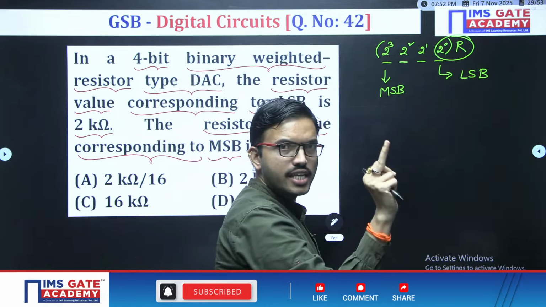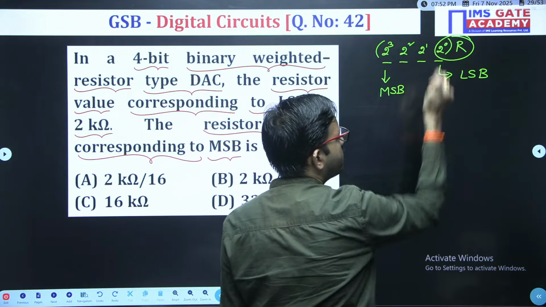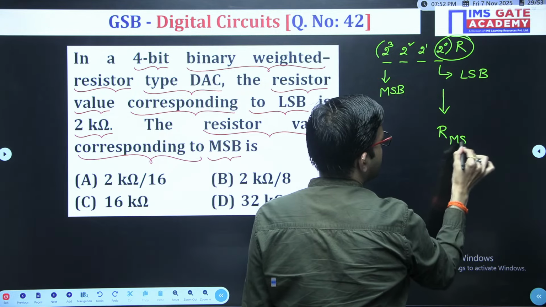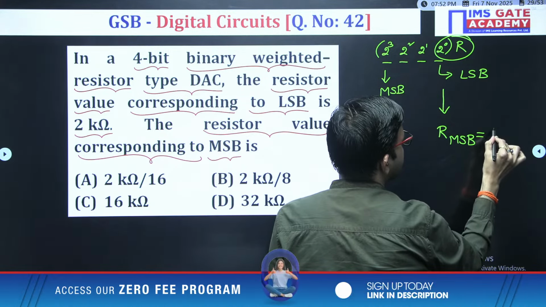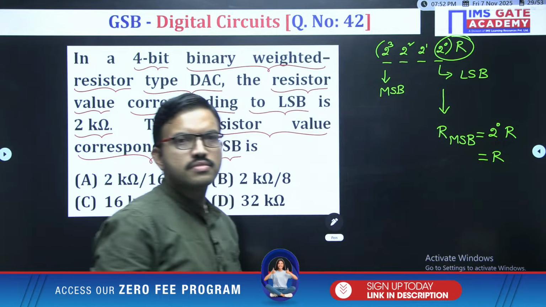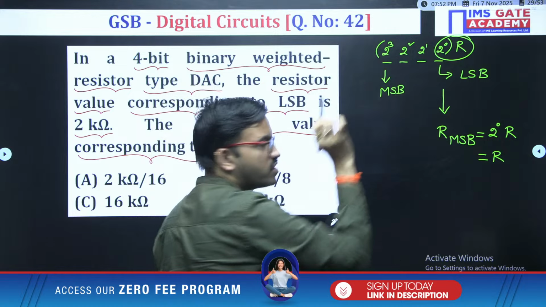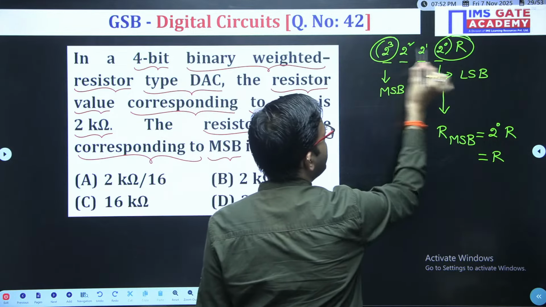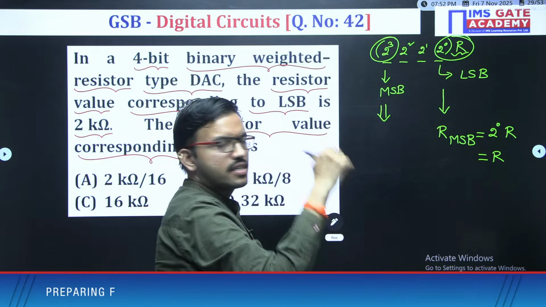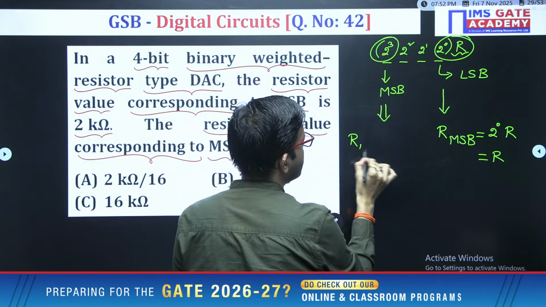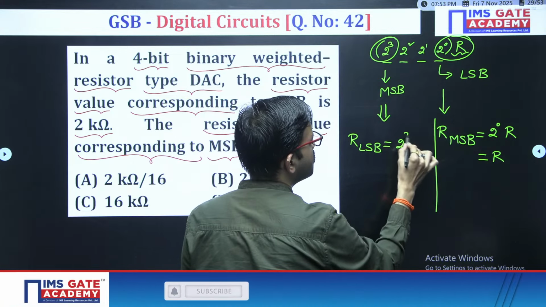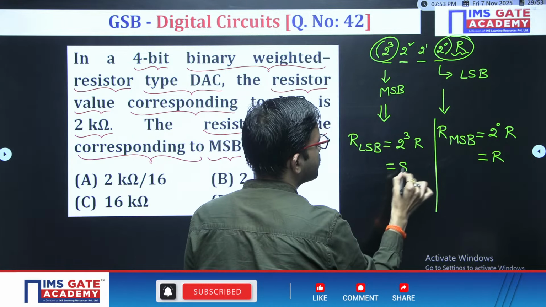This bit is the LSB, but this weight we give for the MSB resistor. 2 power 0 into R is nothing but R. Similarly, this bit is your MSB, but this positional weight multiplied with the resistor we give for the LSB resistor. So here you get 2 power 3 into R, that is 8R.